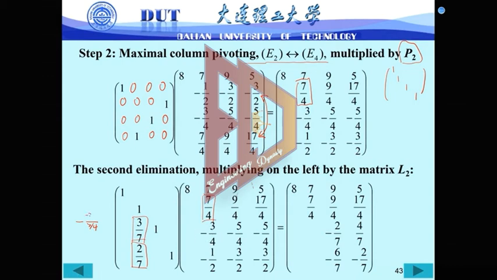So it is minus 3 over 4. Now the minus disappears, and dividing both by 4, we get only 3 over 7. Clear? Next we use the pivot to eliminate this number. The multiplier is minus ratio. The denominator is still 7 over 4, and the numerator is minus 1 over 2.